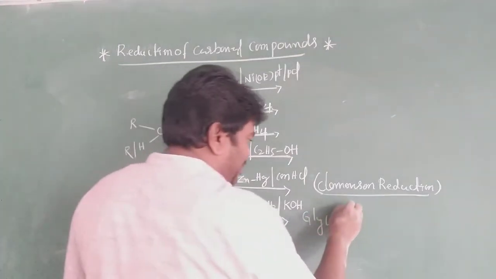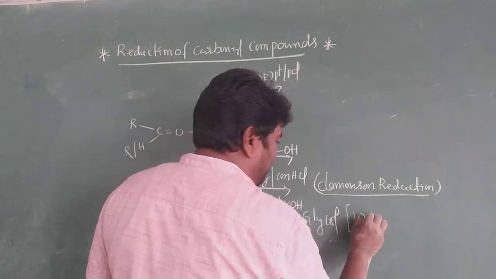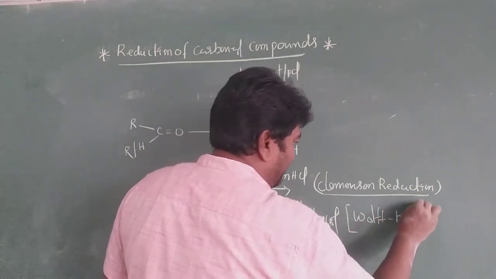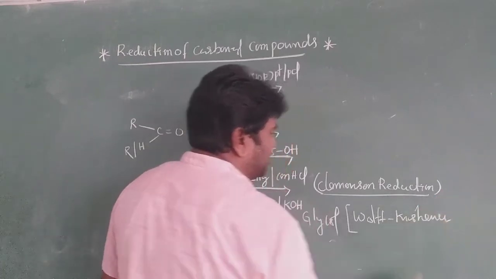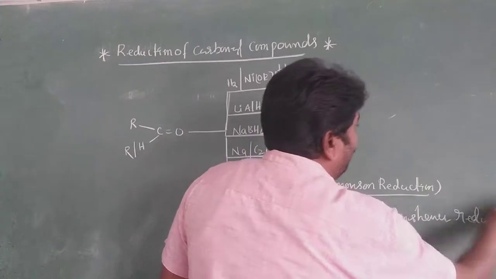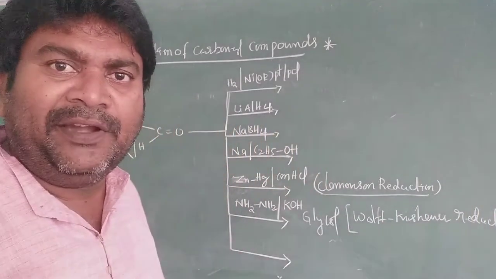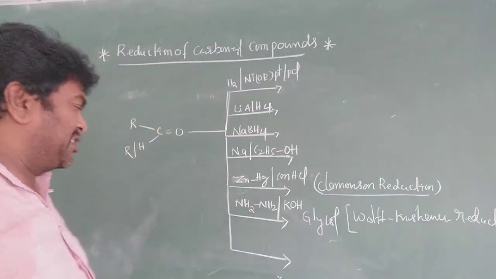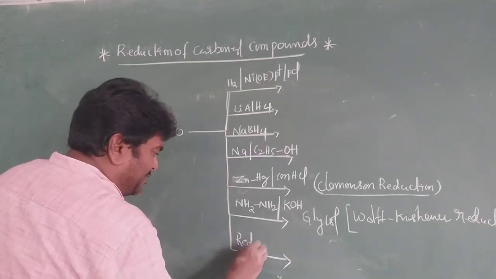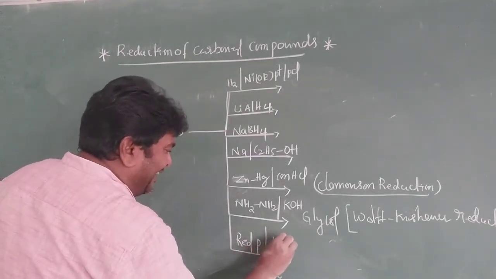It is the Wolff-Kishner reduction reaction. It is very important, my dear students. Last one, red phosphorus in presence of HI.